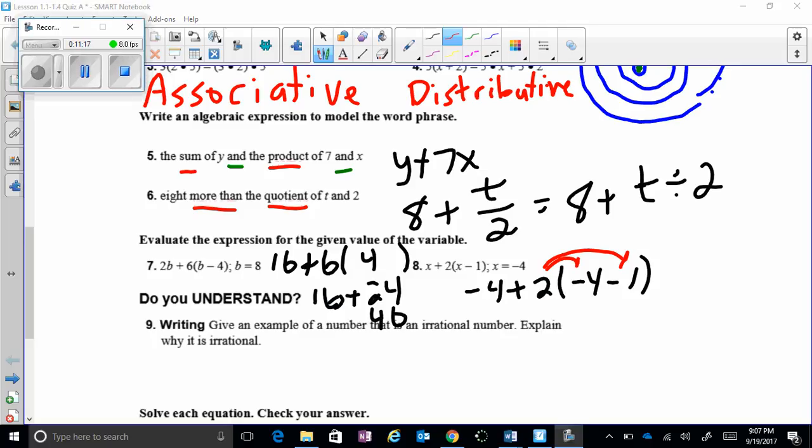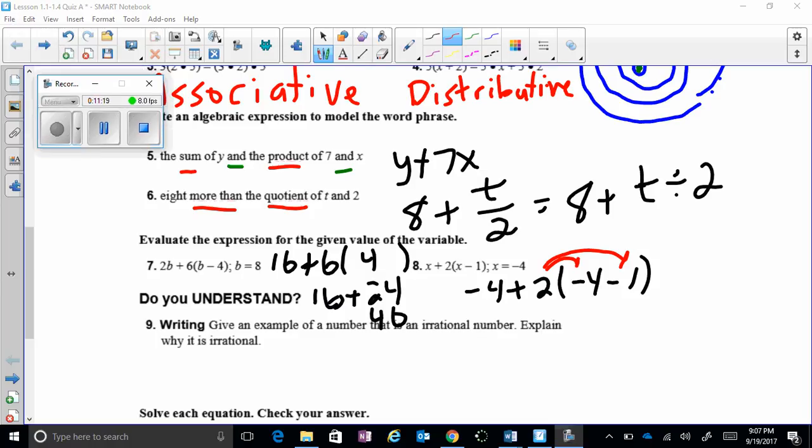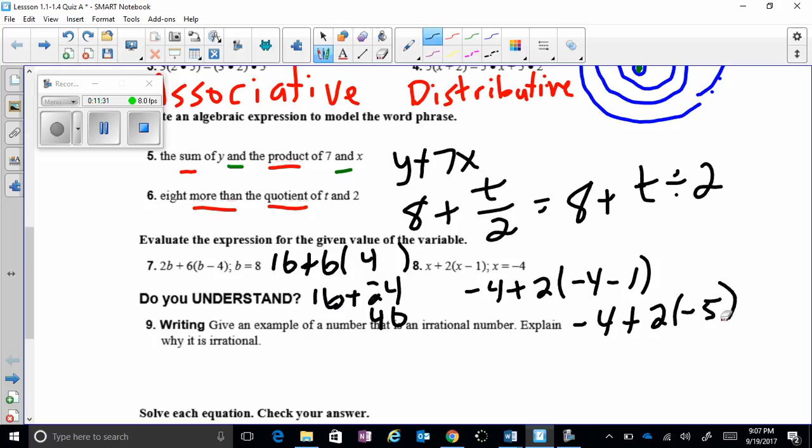Or you could just go ahead and do order of operations and do your parentheses first. So you'd have -4 plus 2 times -5, because that's -4 minus 1, and then 2 times -5 is -10, like we would have if we would have distributed it.